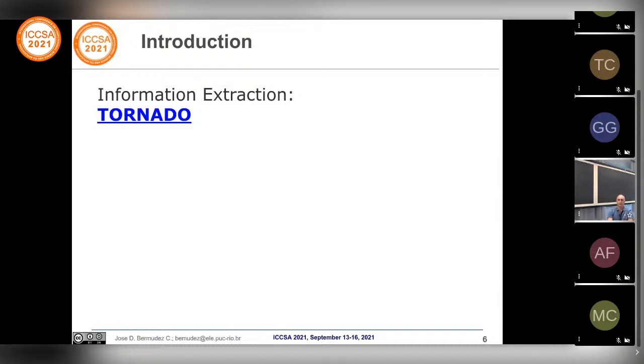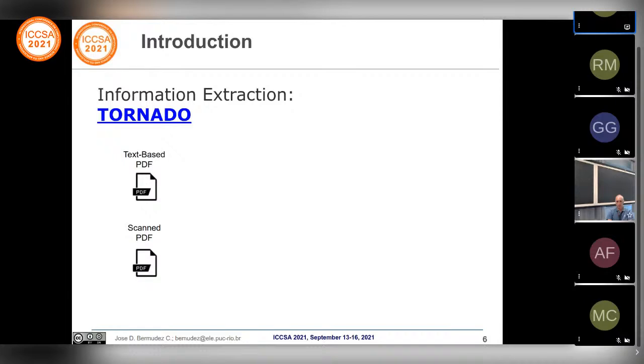Let me first introduce Tornado. Tornado is a software that has been developed in our lab. Tornado is a software for information extraction. In the architecture of Tornado, it handles the document depending on the characteristics of this document.